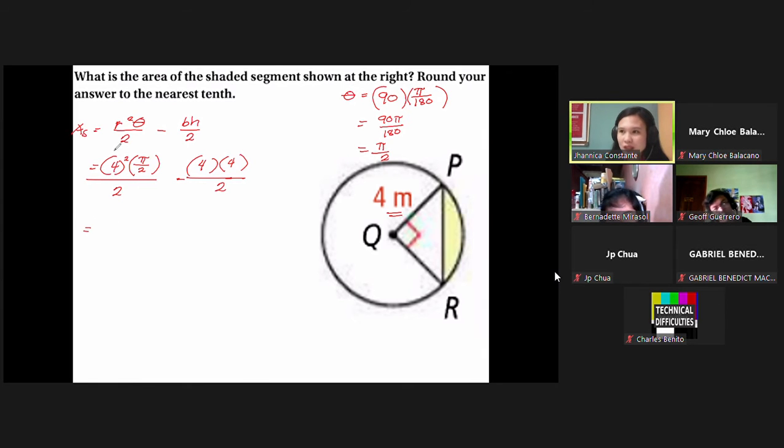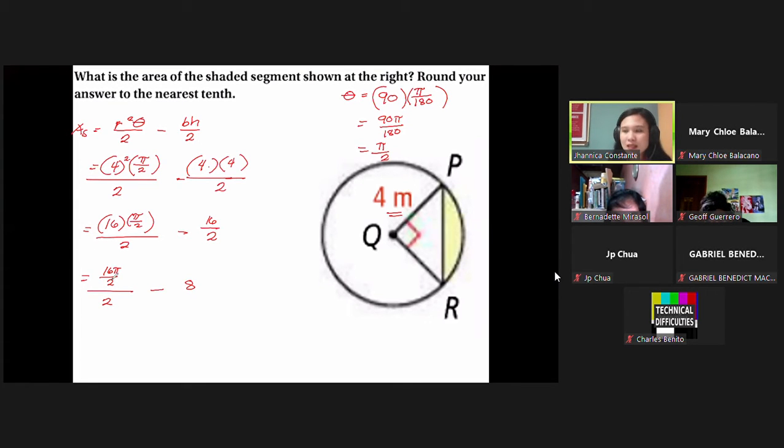So let's solve. 4 squared is equal to 16, multiplied by pi over 2, divided by 2, minus 4 times 4, which is also 16, divided by 2. So 16 pi over 2 divided by 2, minus 16 divided by 2, which is 8.